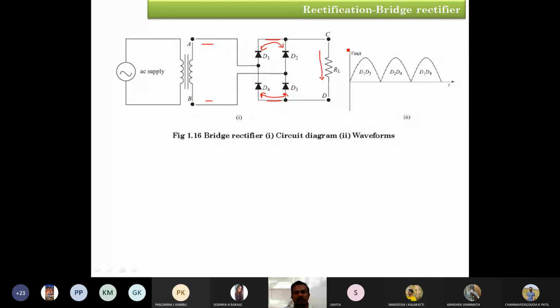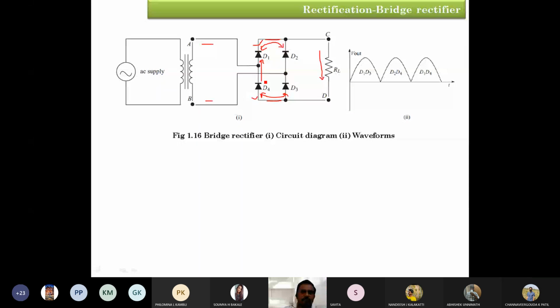Next, where to give the inputs? We have the 2 diodes with anodes connected and the 2 diodes with cathodes connected, and they are considered as output lines. So where to give input? Inputs are given to the anode-cathode terminals of the combination of these 2 bunches.